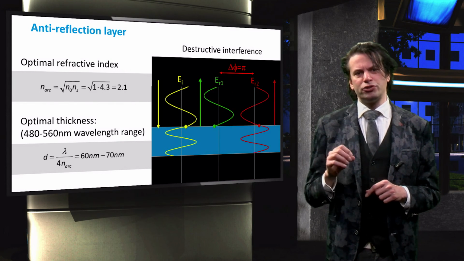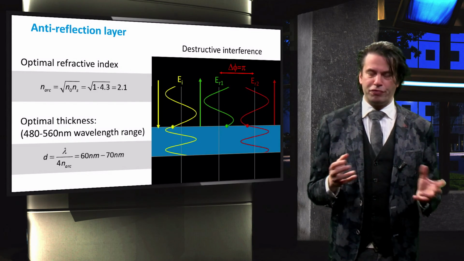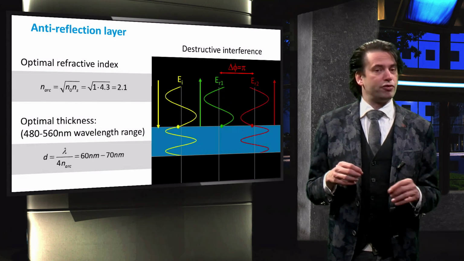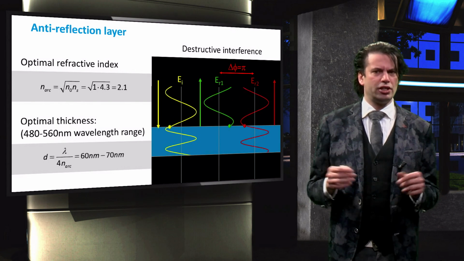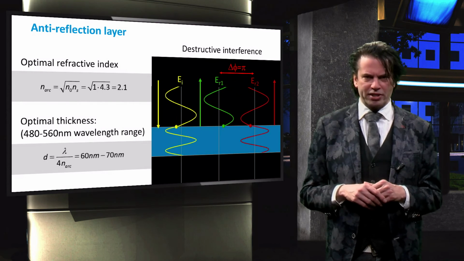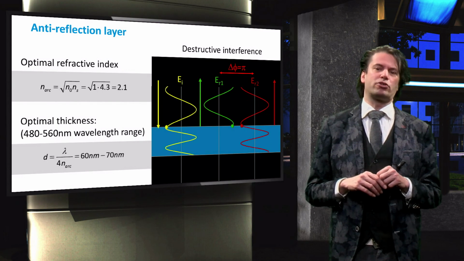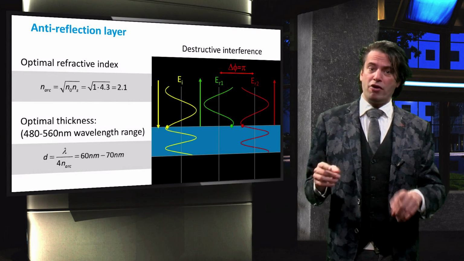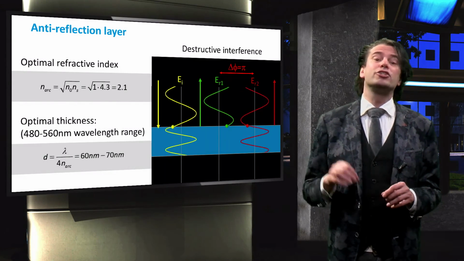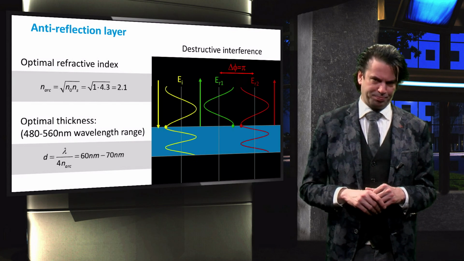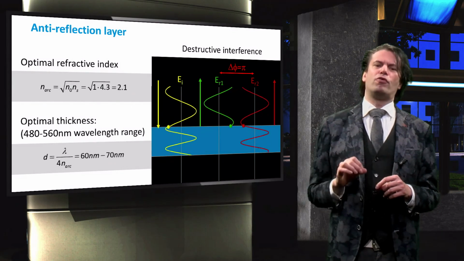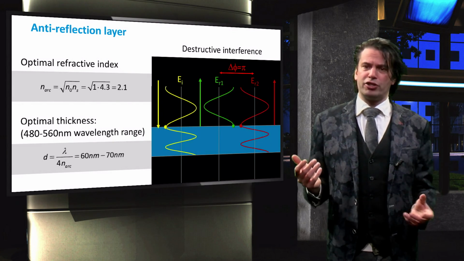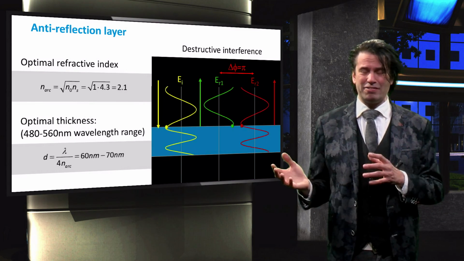Let's say we want to optimize the destructive interference for the 480 to 560 nanometer wavelength range, the spectral range in which the solar spectrum has the highest values for the spectral power density. We can now use the relation we found on the previous slide to calculate the optimal thickness. For optimal performance, the anti-reflection film thickness should be between 60 and 70 nanometer.